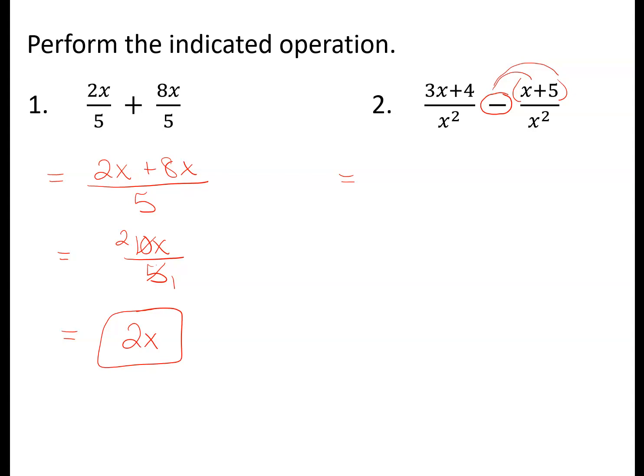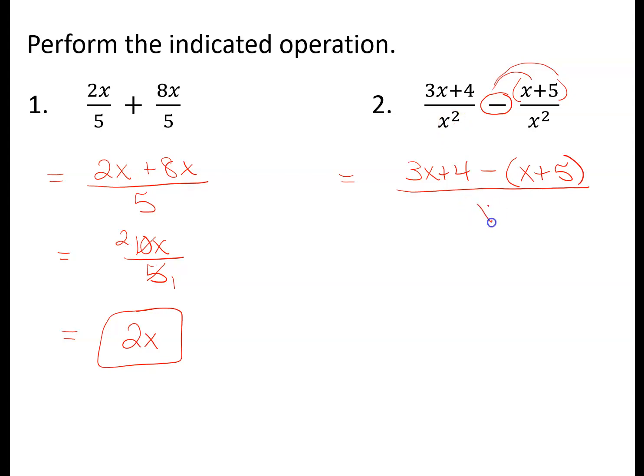It also may help to write this next step out. So I'm going to combine numerators, but before I combine like terms, I'm just going to write it out. 3x plus 4 minus parentheses x plus 5. If you think about when we learned how to subtract polynomials, the step for subtraction was distribute the minus and then combine like terms.